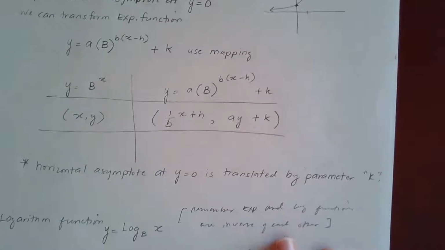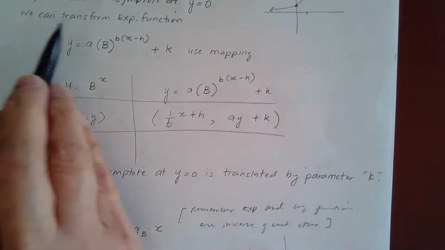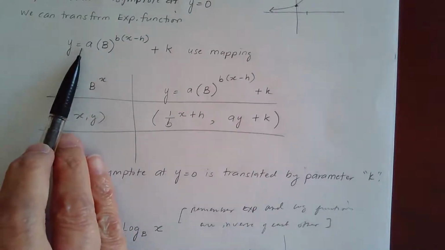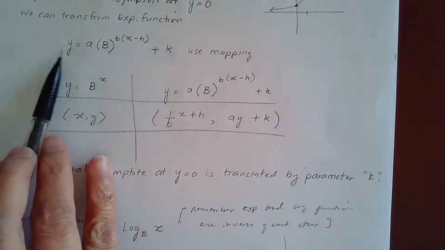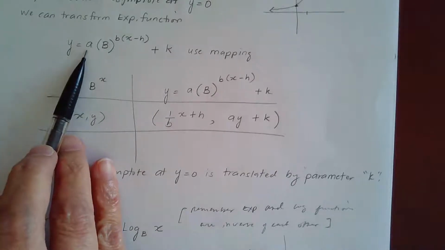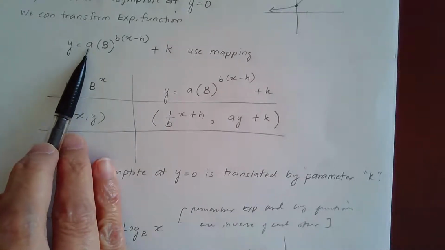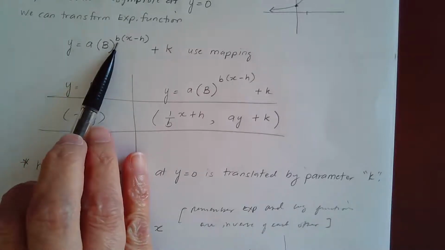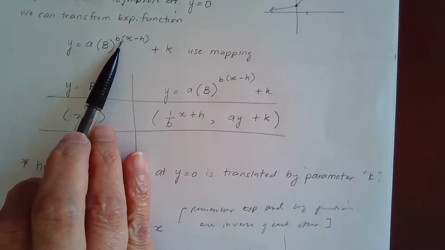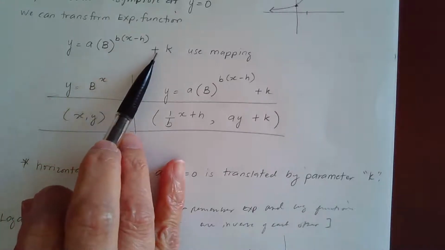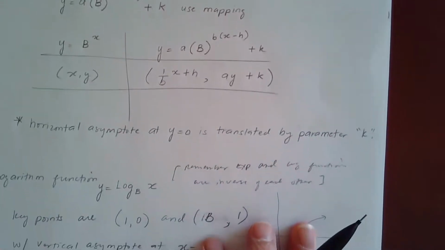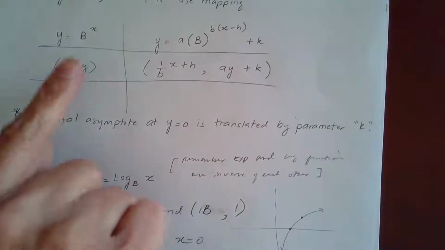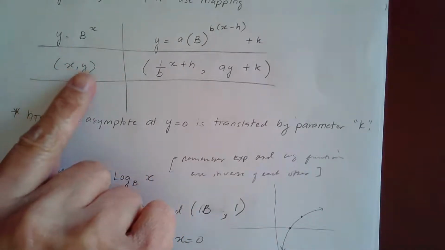After we learned about this part, we talked about the transformation of an exponential function. This is the form of the transformed exponential function: y equals a, the parameter a, times b, whatever the base is, to the exponent parameter b times x minus h, plus k. I wrote down some mappings, so we can use the xy information here.